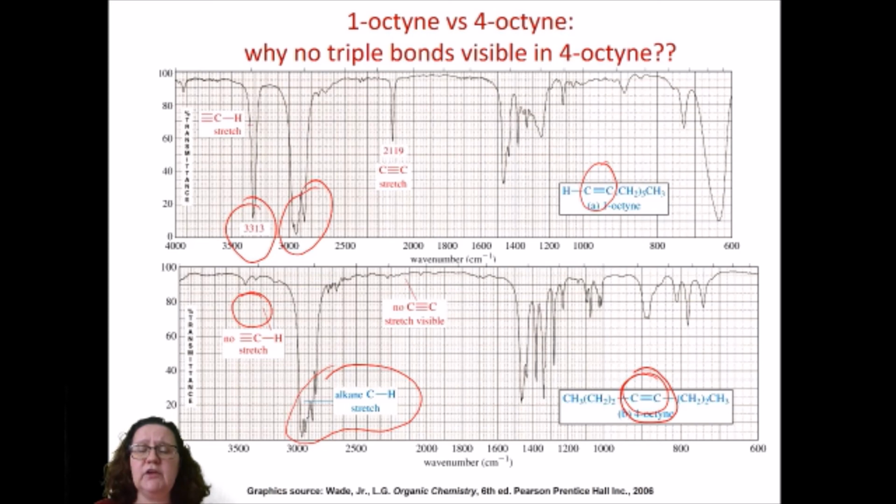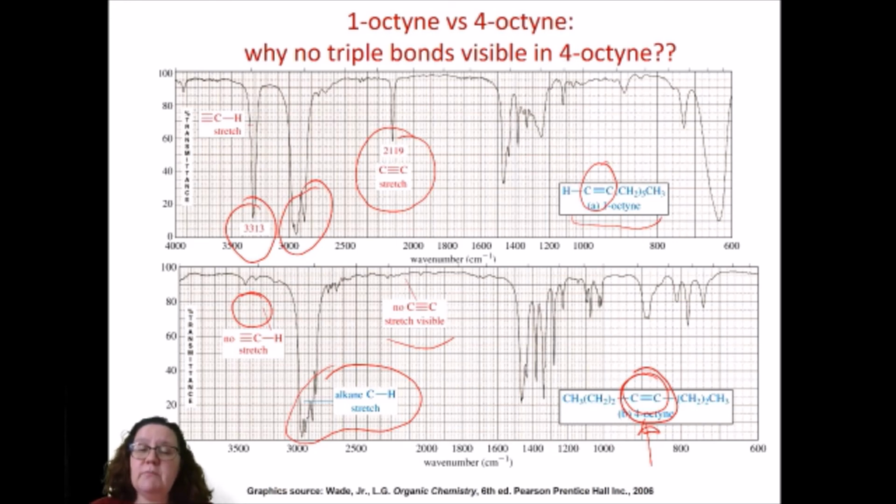Another interesting thing is that the carbon-carbon triple bond stretch, which appears very clearly in the spectrum at the top, is not visible in the spectrum at the bottom. And that is because, remember, for a mode to be visible in the infrared spectrum, it needs to change the dipole moment. The stretching of that carbon-carbon triple bond would make a difference to the polarity of this bond, because you have a hydrogen on one side and a chain of carbons on the other, but it will not make a difference in the dipole moment for this one, because the triple bond is in the middle.